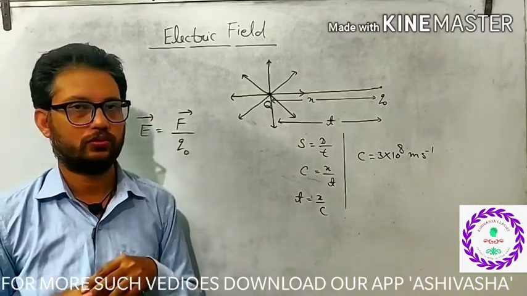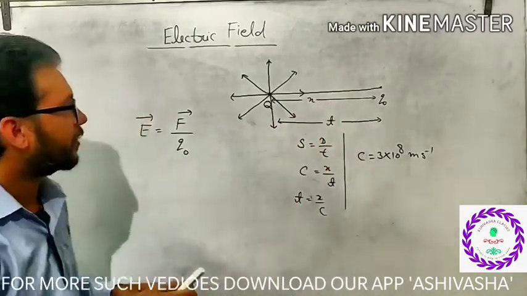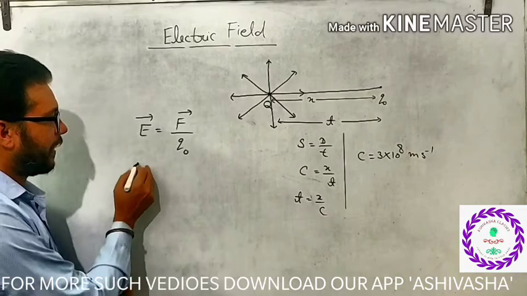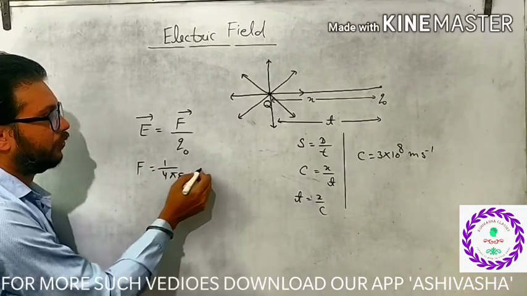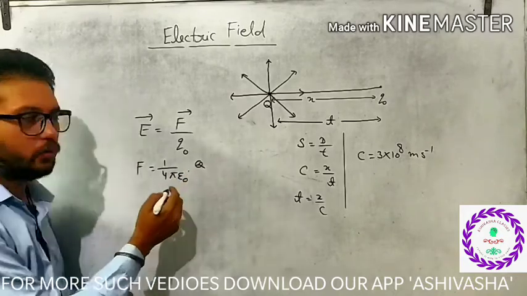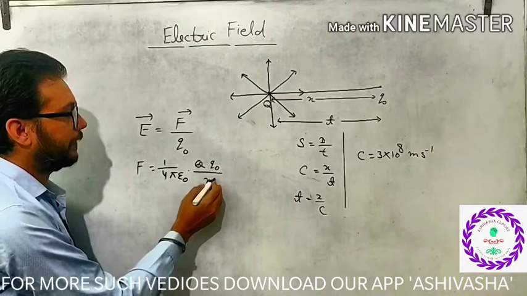How? If we find the force between these two charges, then the force will be F equals 1 upon 4 pi epsilon naught, Q1 is Q, Q2 is Q naught, and the distance between them is x square.